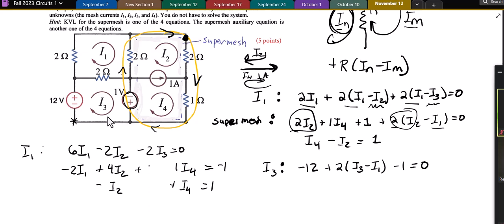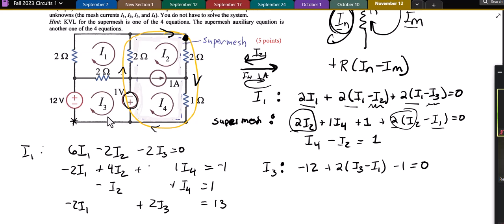And then my last equation, I have minus 2I1 and plus 2I3. And I have a minus 12, minus 1 is minus 13, take it to the other side, and I get 13.